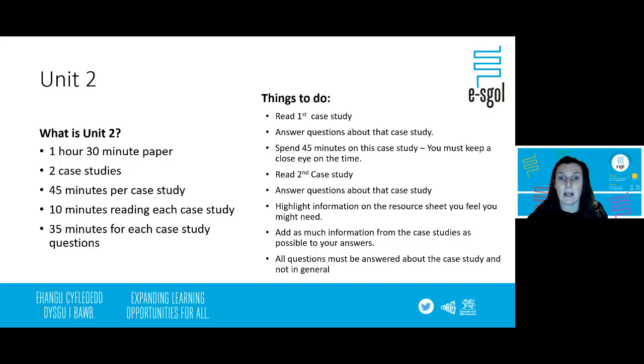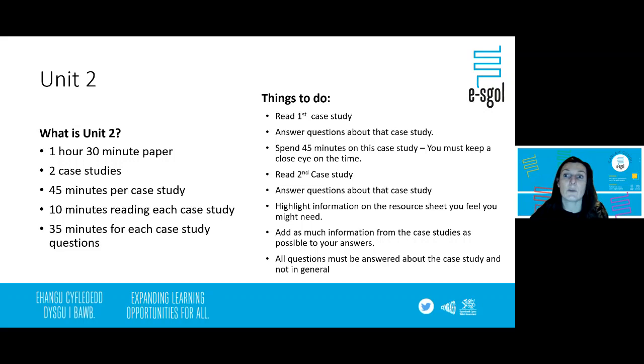Even if you have to shoehorn it in wherever you can, because this is all about that business. Don't at any point answer generally about just general businesses. All questions must be answered about the case study and not in general.